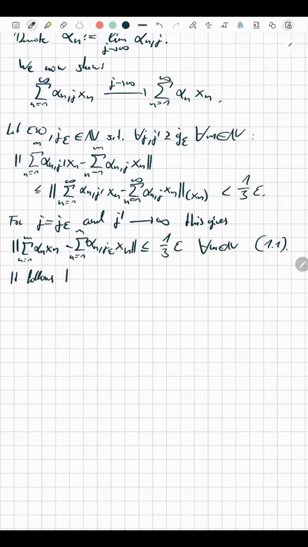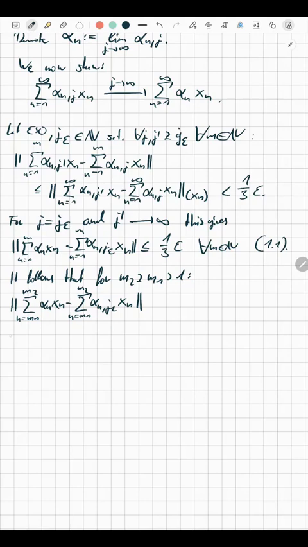it follows that for m2 greater than m1 greater than 1, we get, now we take the dimensions from m1 going to m2, alpha n xn minus same dimensions, alpha n j epsilon xn.